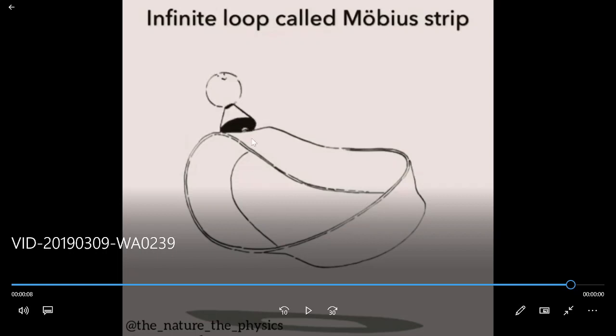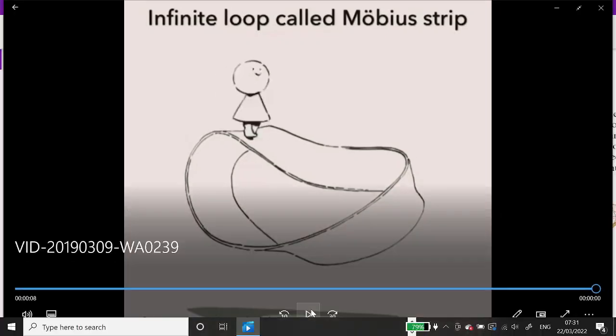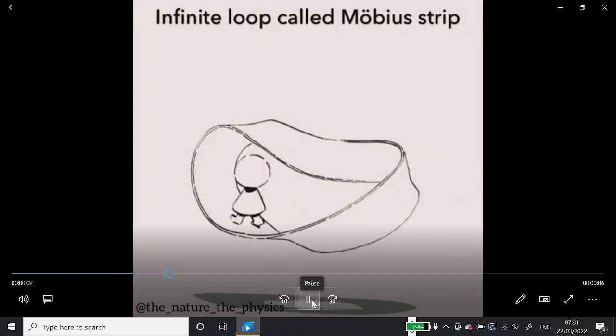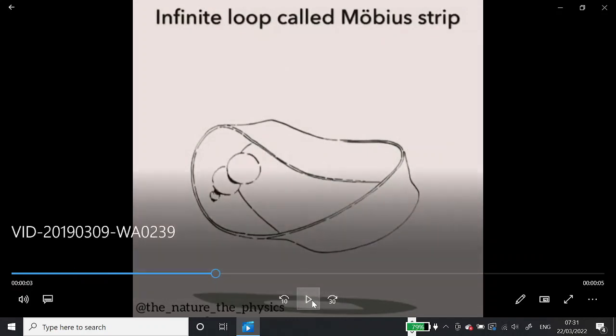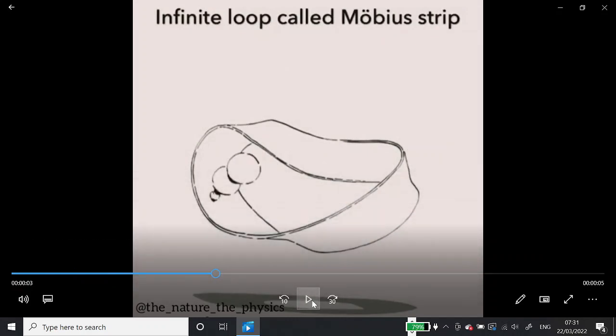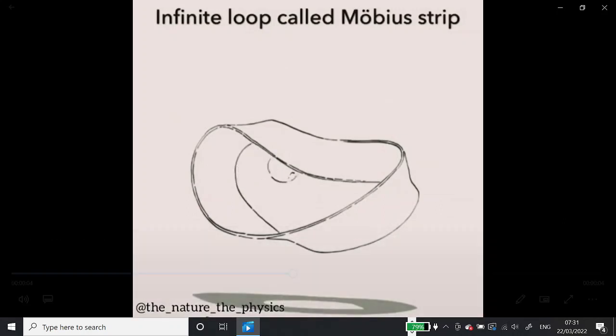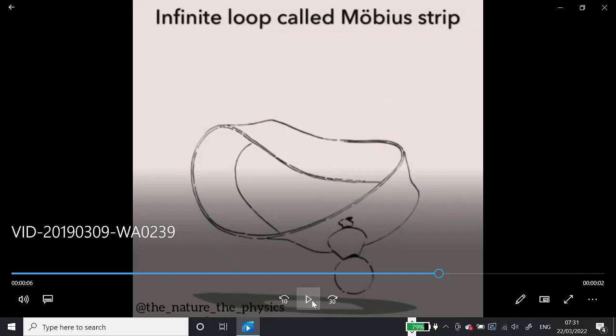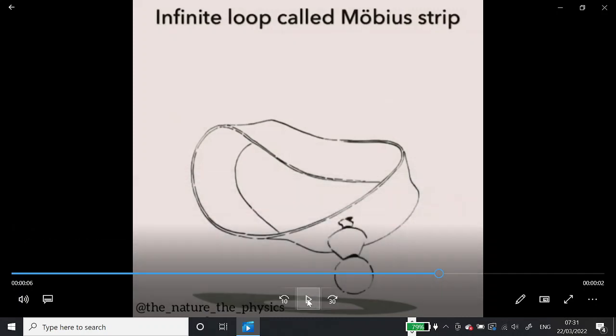Now you can see this man can easily enter the inside of this Mobius band. He is walking. See, he has reached inside. He started from outside, now he is inside. In the same way he can come outside also. Now he is outside. So that's the thing. We cannot give the Mobius strip two-way orientation.